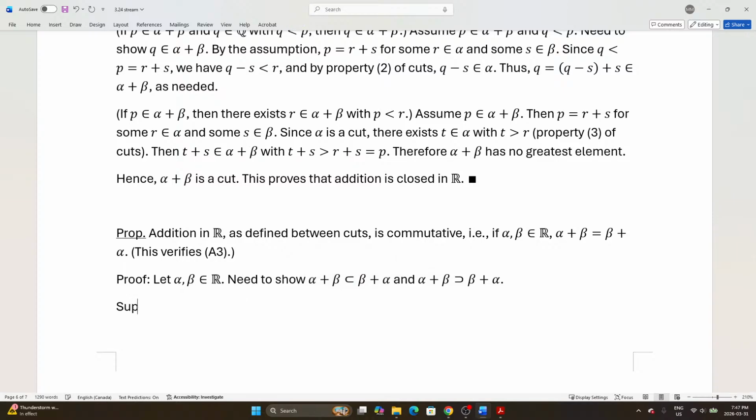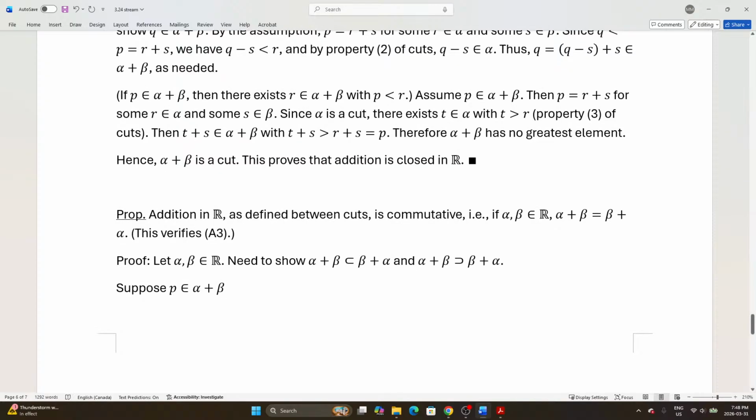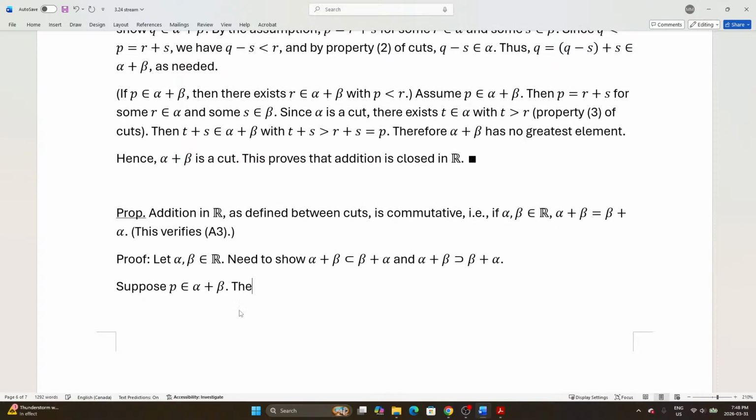Suppose P is in alpha plus beta. Then P is equal to R plus S for some R in alpha and some S in beta.